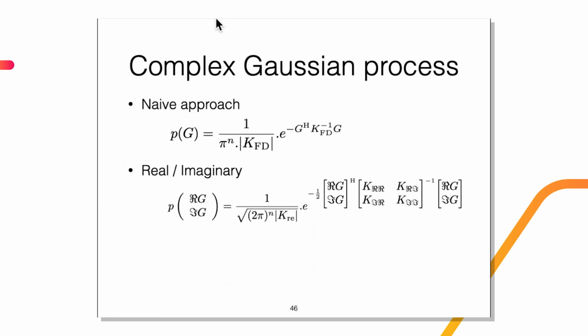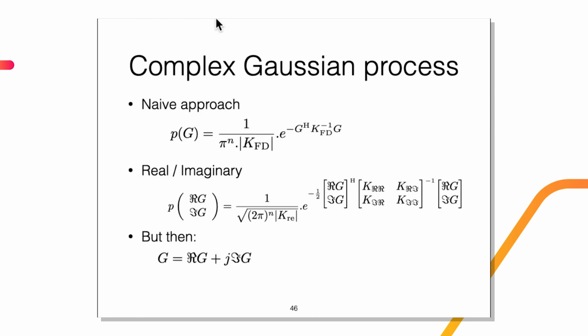So the second equation there is just the probability density function of a Gaussian distribution for real and imaginary parts, where you will see the covariances of the real parts, the covariance of the imaginary parts, and the correlation between these two made explicit here.